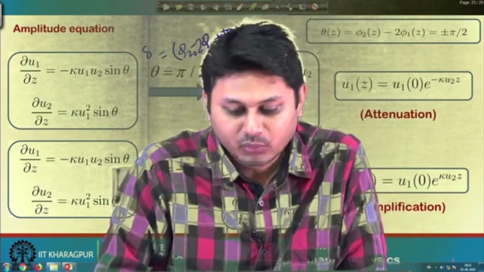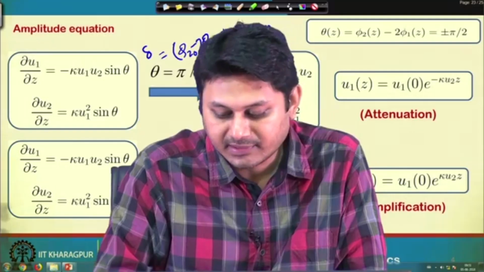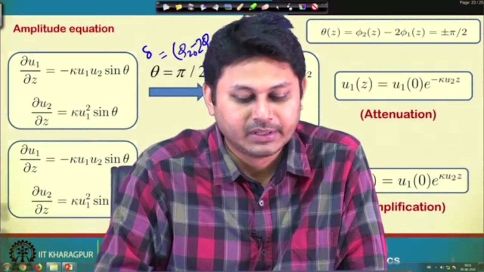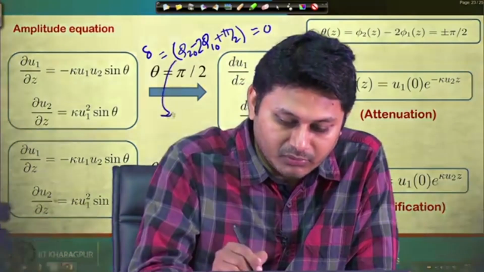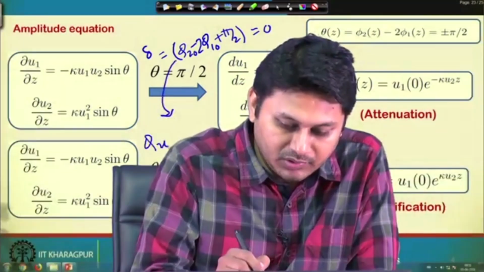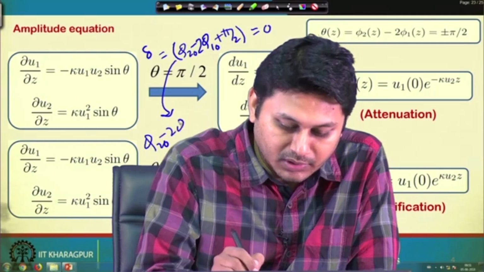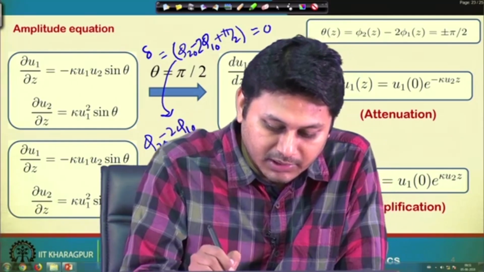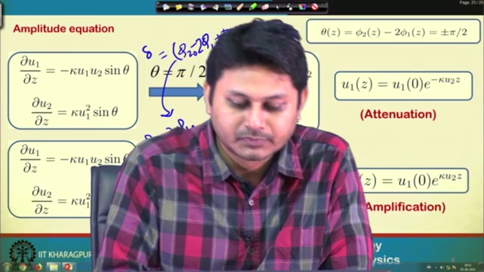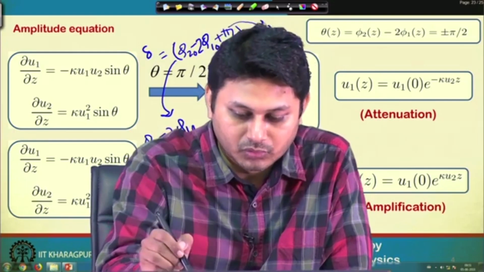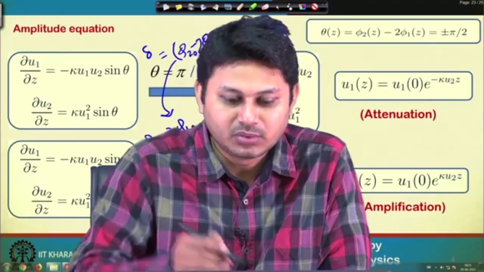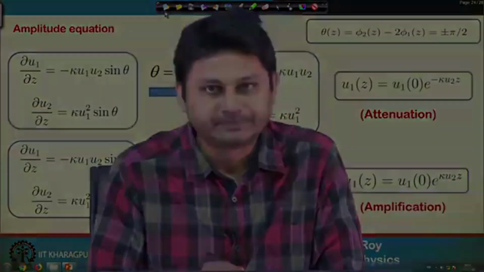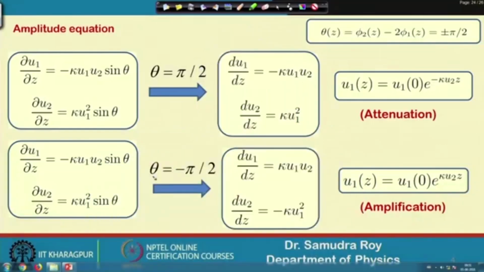And we say that when this is equal to 0, we will get some kind of amplification. So, if it is 0, then from here we can say that phi 2 0 minus 2 phi 1 0 is equal to minus pi by 2. This pi by 2 will go to this side and we will get pi by 2. So, once we have this pi by 2 term, please note that theta equals minus pi by 2.